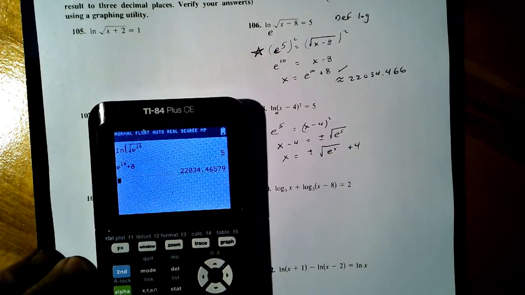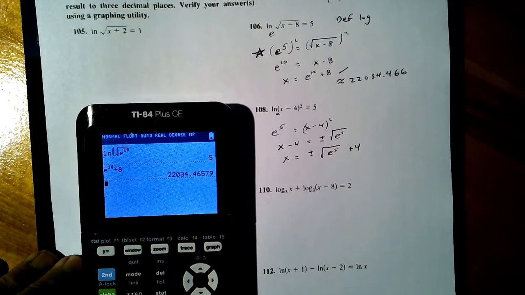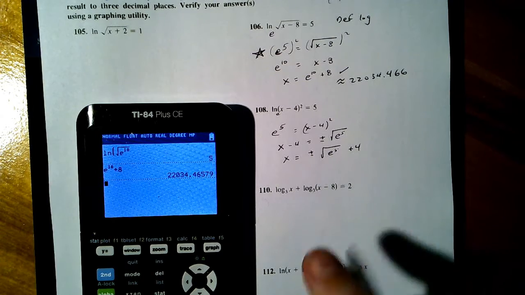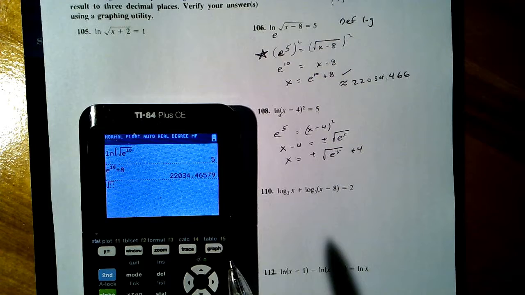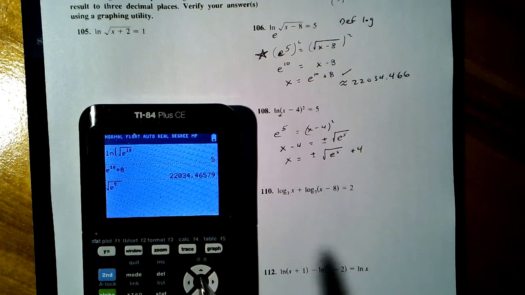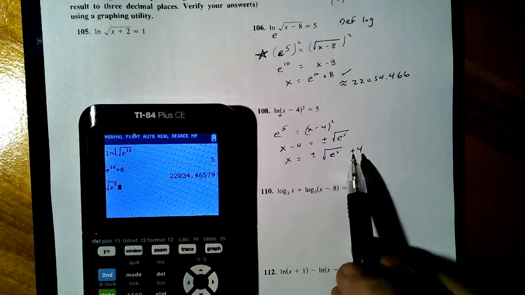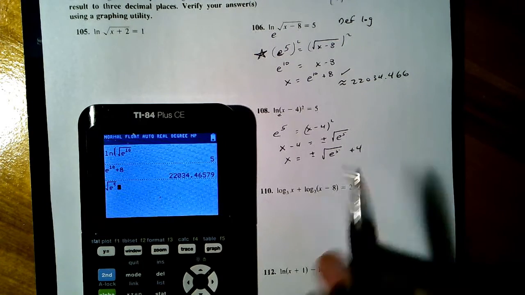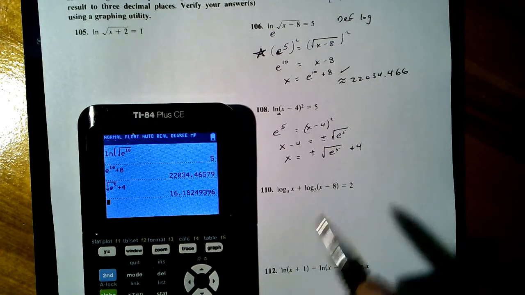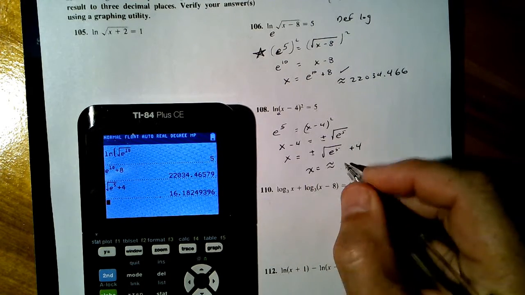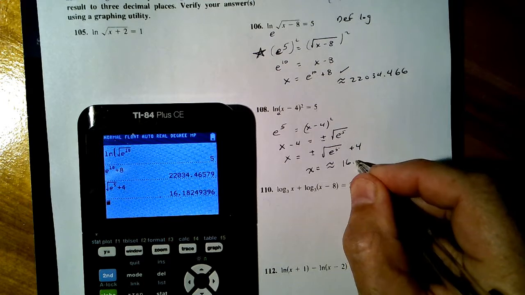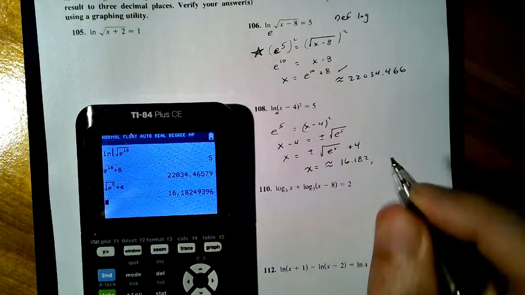Let's take a look and see if that creates any problems for us. So we get the square root of e to the 5th plus 4. So I get x equals approximately 16.182.